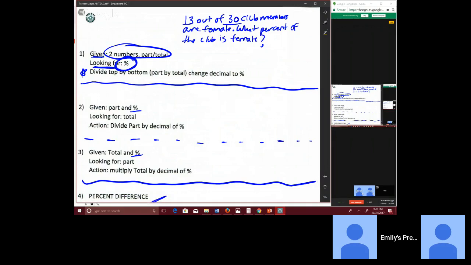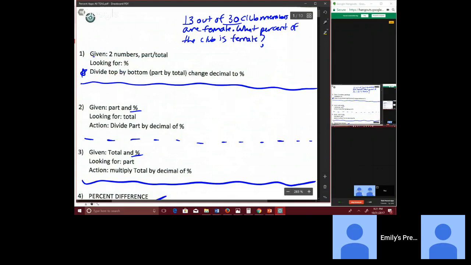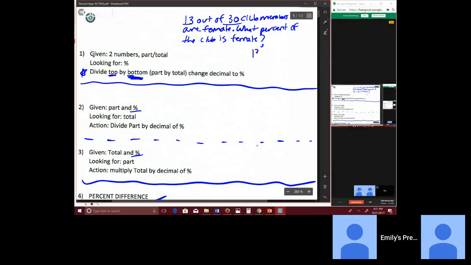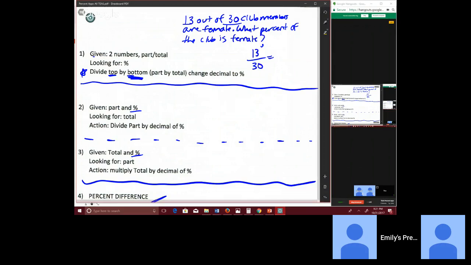All you have to do if you discover that you have a scenario 1 is take the part and divide it by the total, or take the top and divide it by the bottom. In this case, 13 would be the part because they're saying 13 out of 30. They're making it clear that 30 is the total number of club members. 13 is the number of female club members.